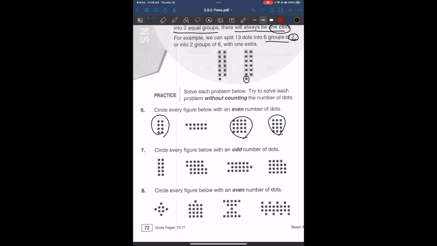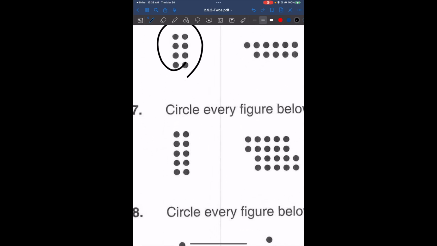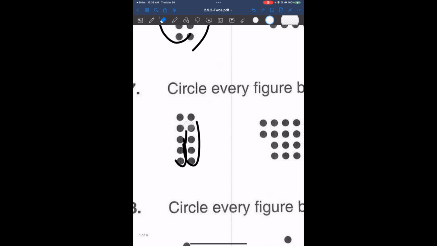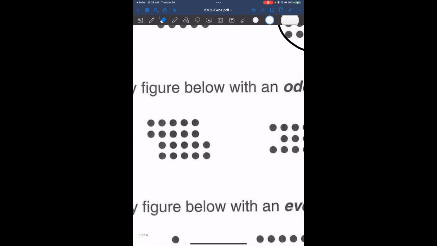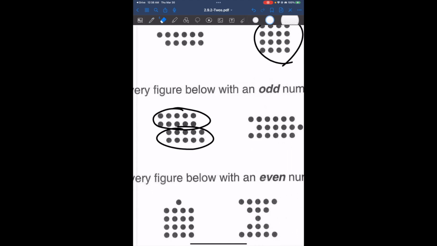Now the next problem says circle every figure below with an odd number of dots. Now we should have a remainder when we try to group it into 2s. So grouping into 2 groups of 5 dots, we don't have any remainders, so that's an even number of dots. For this, we can group it into 2 whole groups of 10 dots each, so that's also an even number of dots.